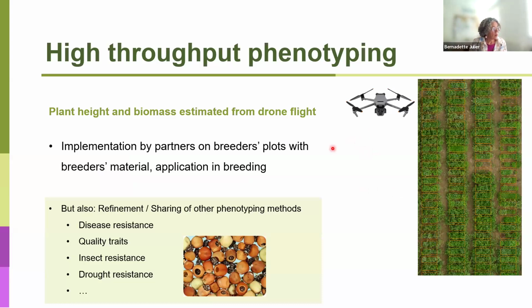And we would like partners to implement this technology on their plots with their material, and apply this result in their breeding programs. But about phenotyping, we are also working on the refinement or sharing of other phenotyping methods related to disease resistance, quality traits, insect resistance, or drought resistance.